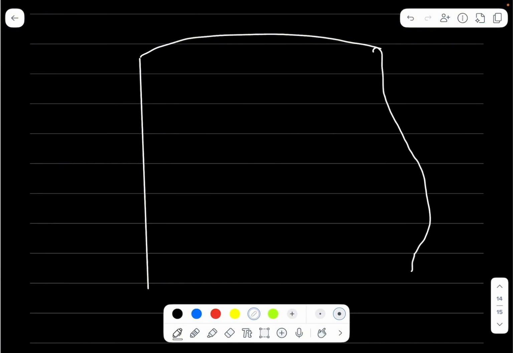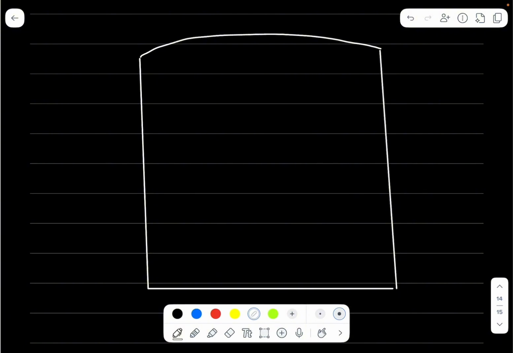Right? Okay, now we are going to do this. I think this is good, right?